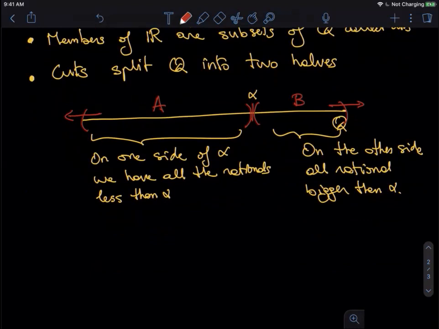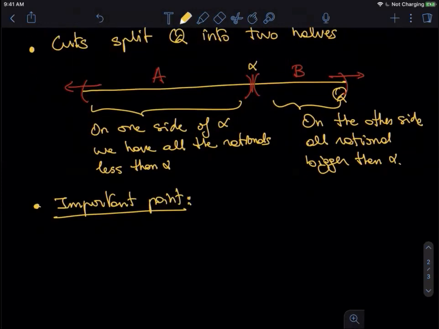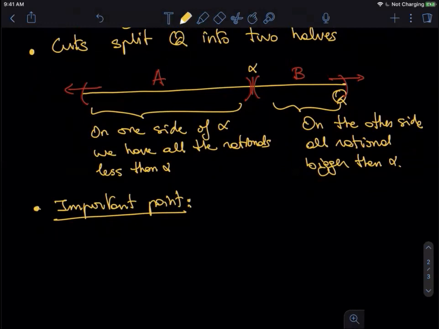So the important point is that for every cut that we make, we have a correspondence between these partitions and the real numbers.